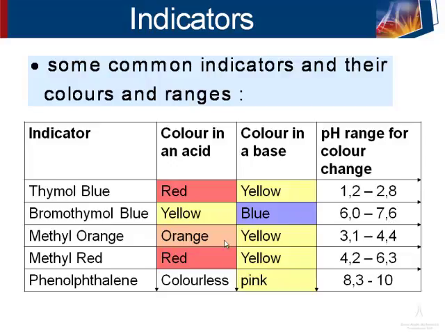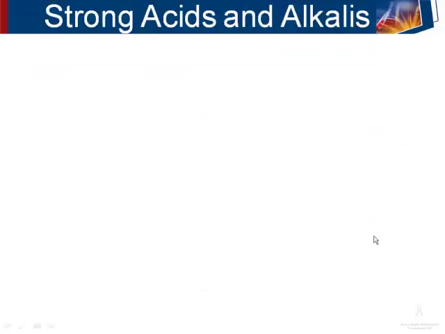Methyl orange is orange in an acid, yellow in a base, and there you have the pH range. Methyl red is red in an acid, yellow in a base, and the pH range for its color change is between 4.2 and 6.3. Phenolphthalein is colorless in an acid, pink in a base, and the color changes between a pH of 8.3 and 10.